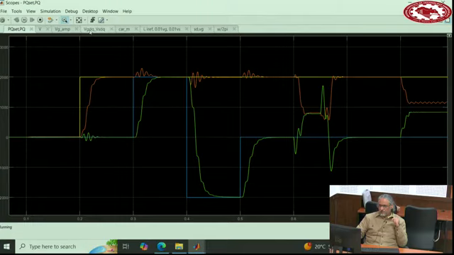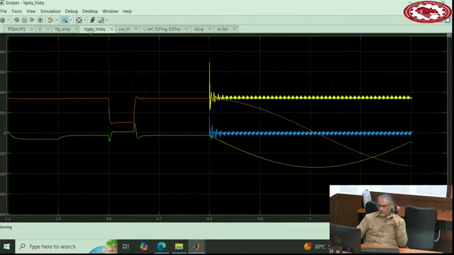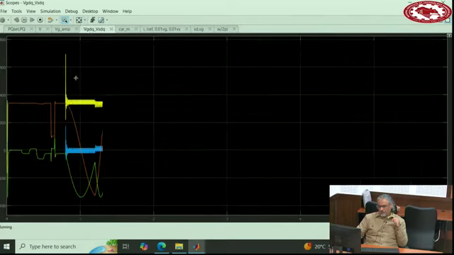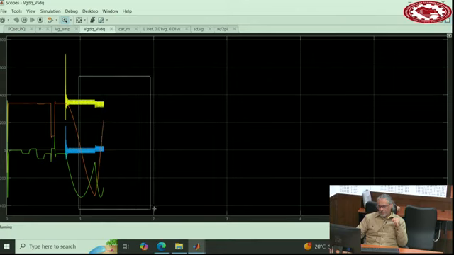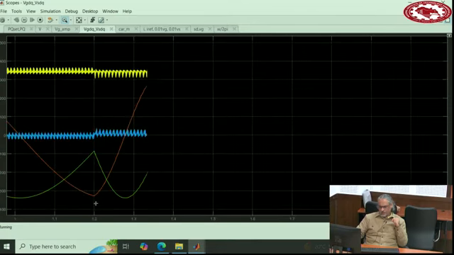Now at 0.2, we enable the synchronization. So when you enable it, it will push those two voltages towards each other. See, it will push this one towards this one, and this one towards this.